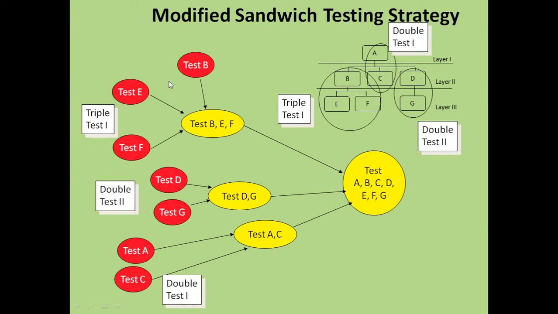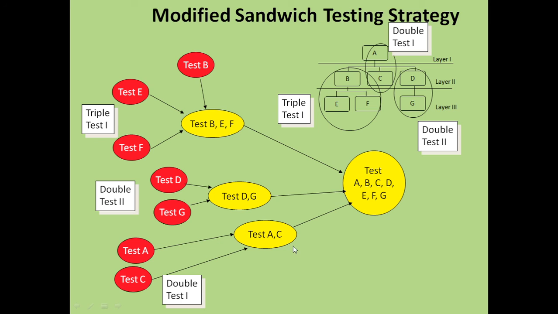So E, F and B are tested. That is like this, and there is a triple test basically going on, and here D and G are being tested, that is a double test, double test 2, and there is a double test 1 that is of A and C also.